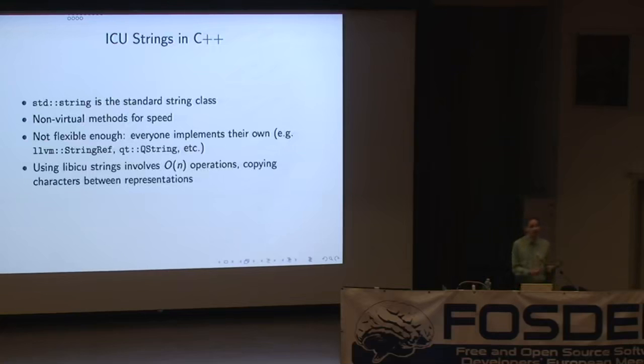And so the way people use libicu from C++ is they get a libicu string, and they copy it to a temporary buffer as an array of 16-bit characters, and then they copy it from the temporary buffer into their own string class. And so you have 2 linear time algorithms for every single string operation.